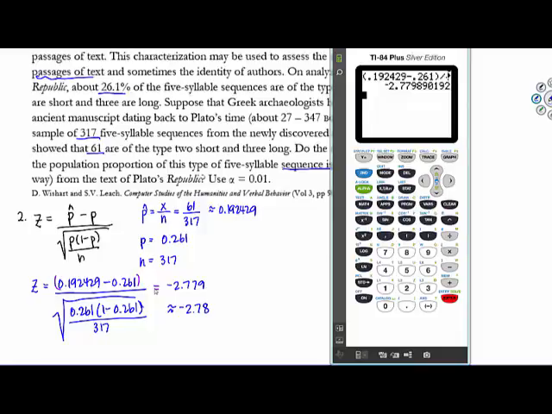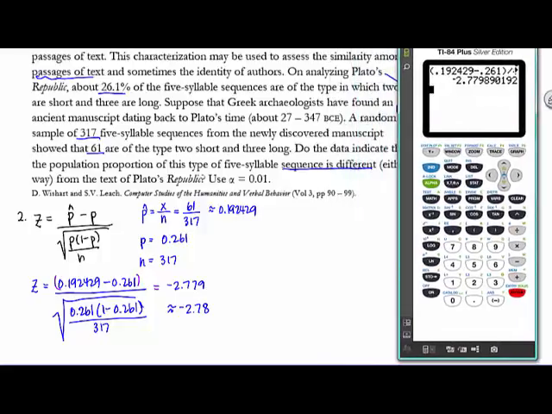We choose 2 decimal places because the next thing to do is find what the p-value is. And it's a z distribution, so we can read this p-value from the table. Remember, this distribution of sample proportions is approximately normal. The test statistic we found was negative 2.78, so the p-value is the area to the left of negative 2.78.